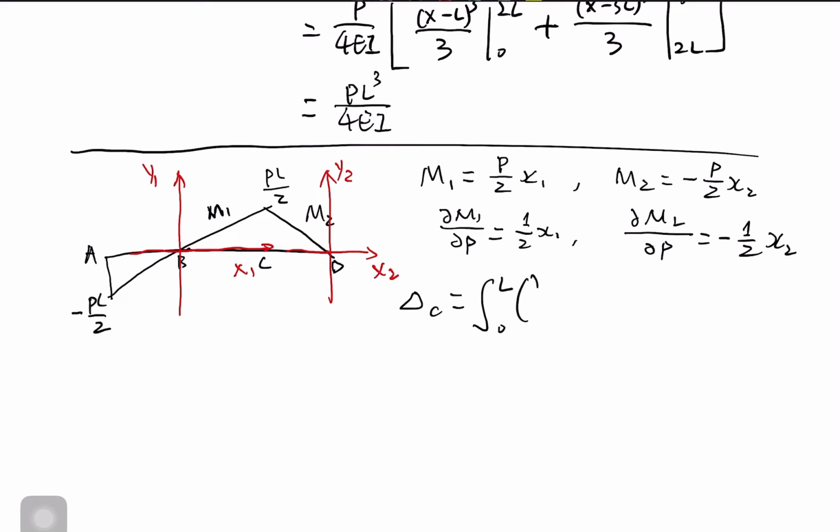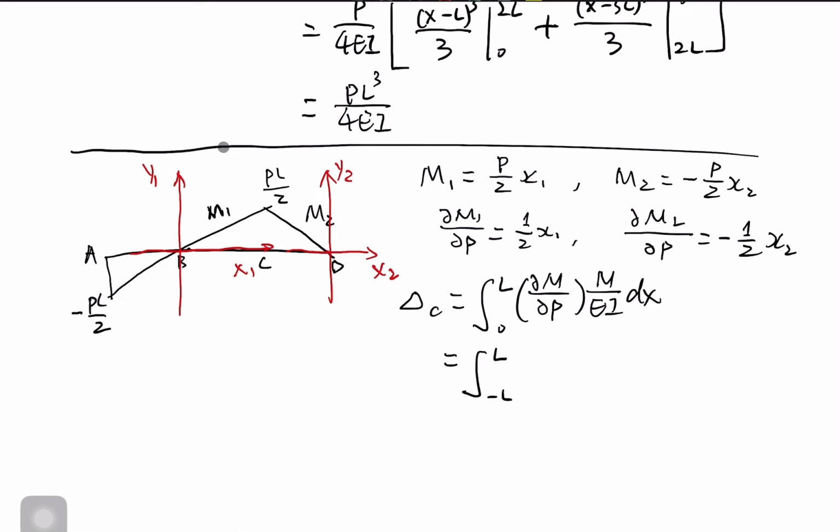It's partial M over partial P, M over EI dx. This is the expression for the beam deflection using the Castigliano theorem. Here we have two coordinate systems. For the first coordinate system, x1 changes from negative L to L, from point A at negative L to C at positive L.